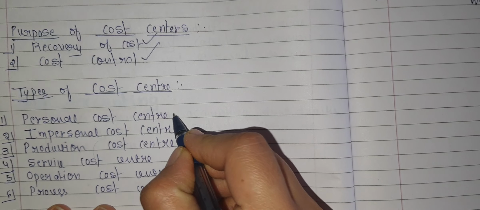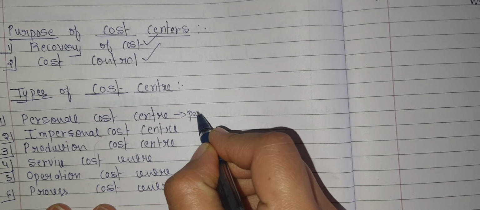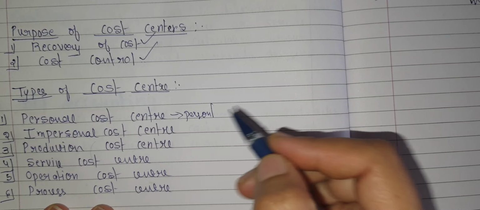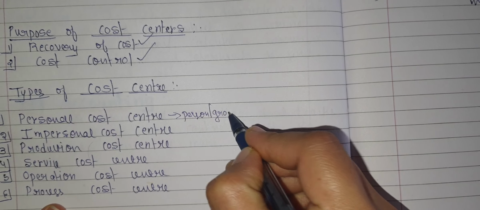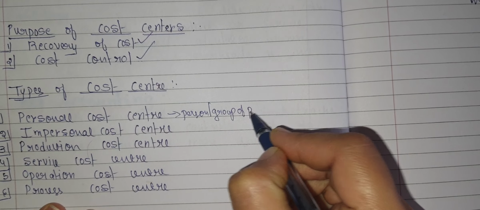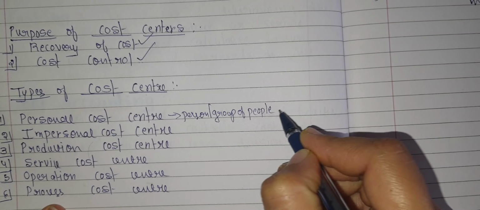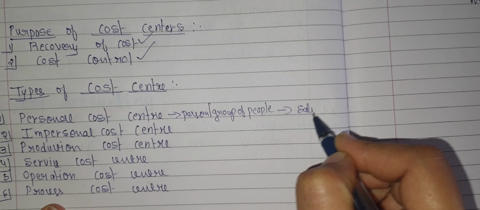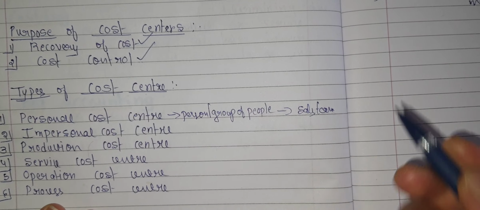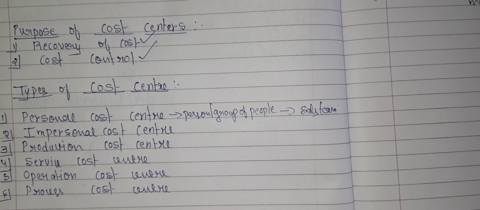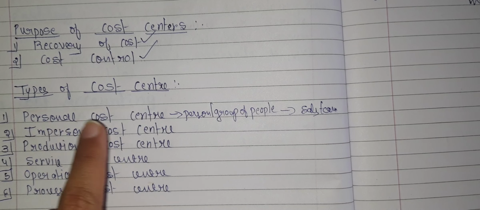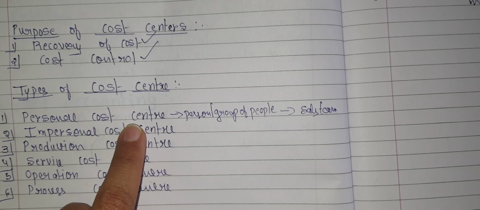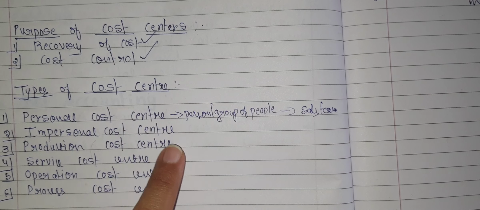For example, take the example of a sales team, which is a group of people. So this is a personal cost center.